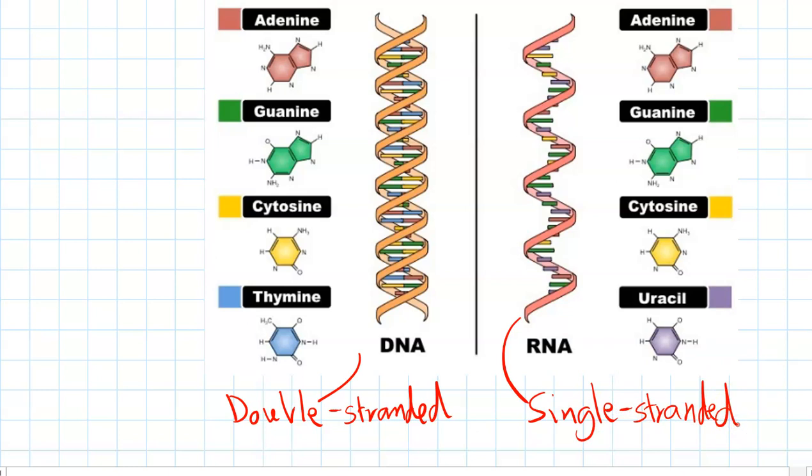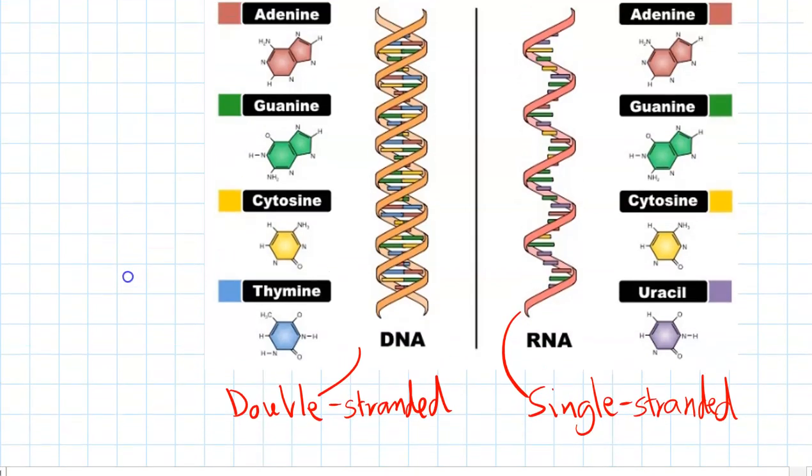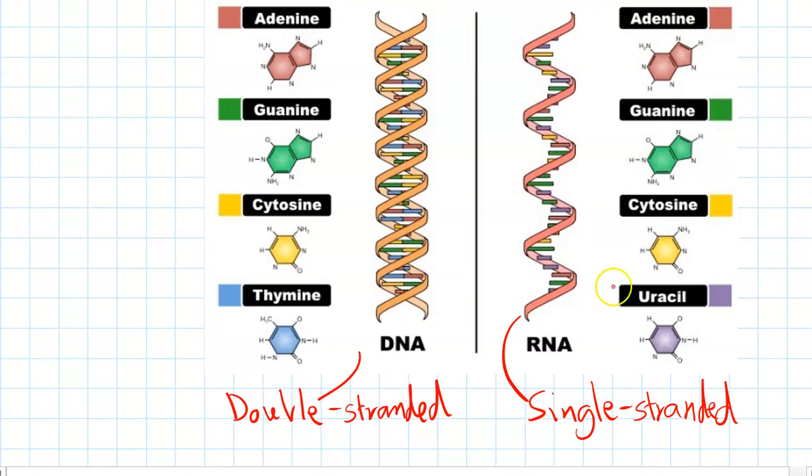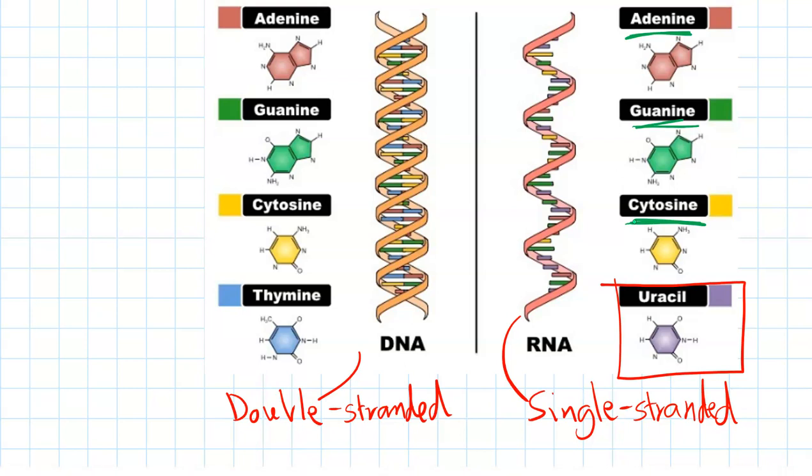Sometimes it doesn't even coil up into a helix. And we've also learnt that RNA has uracil as a different base, but it still has adenine, guanine, and cytosine. So the key difference for RNA is it's the single strand and it's got uracil.